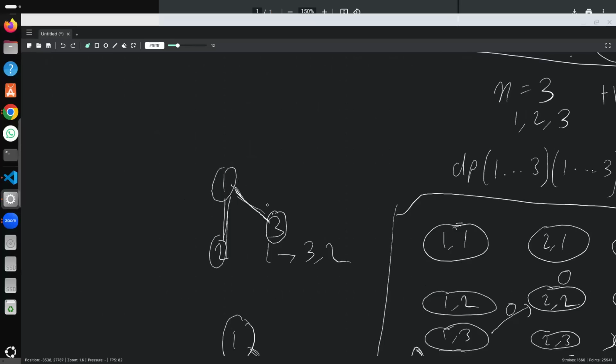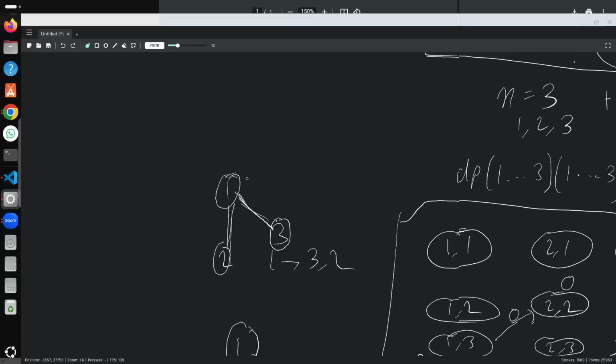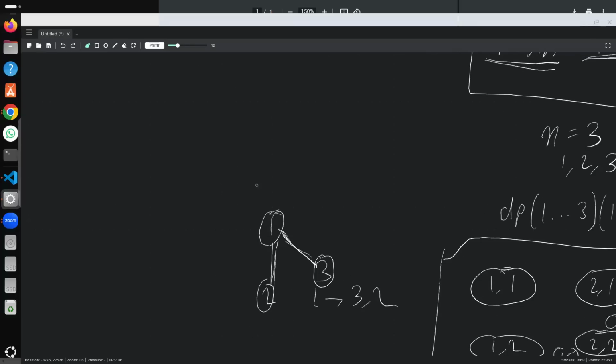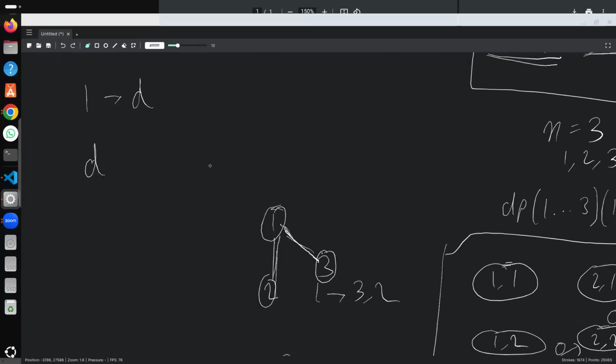Let's say we need to count the number of edges from (1, 1). Let's say vertex 1 has degree D, like it has D edges.